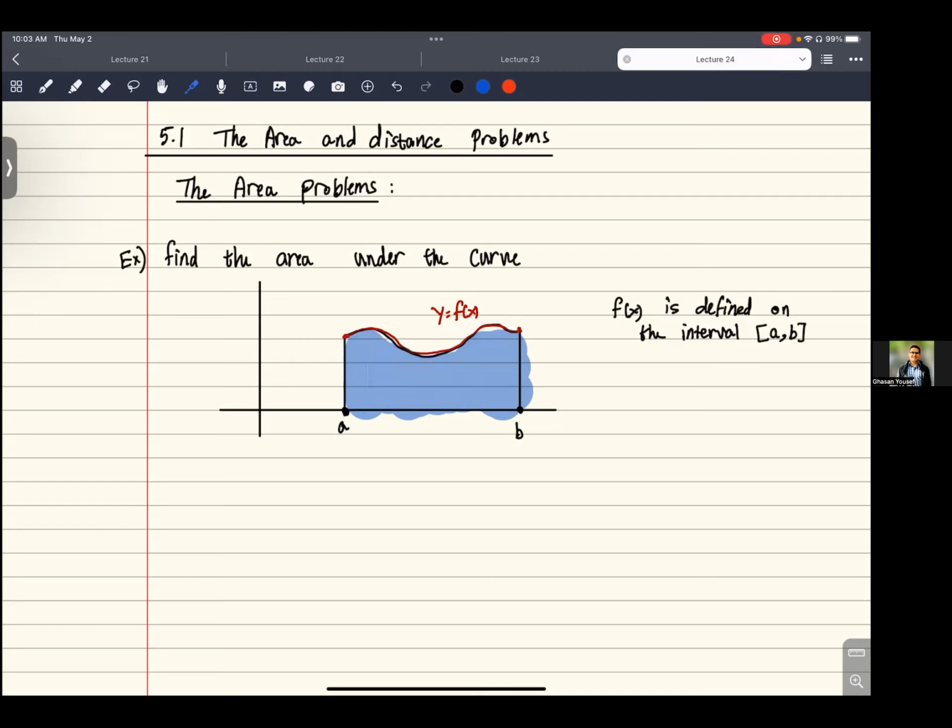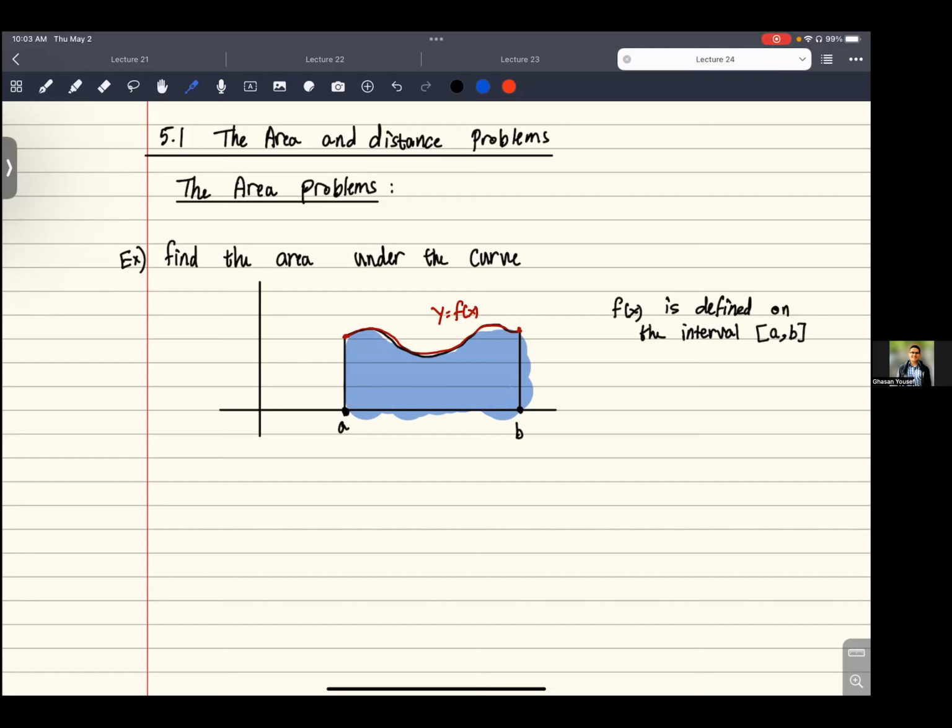Or there are other ways to find the area. For example, I could divide it into small triangles like this. It doesn't matter, you can make small shapes and find the area.